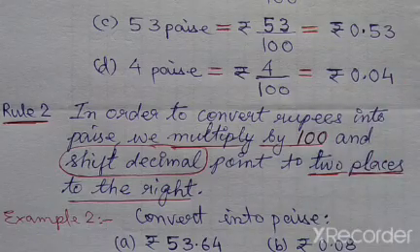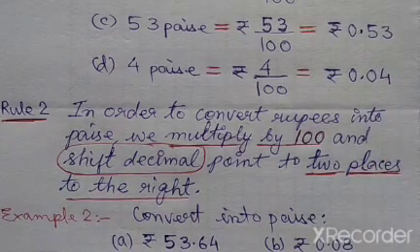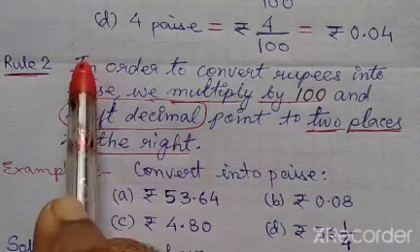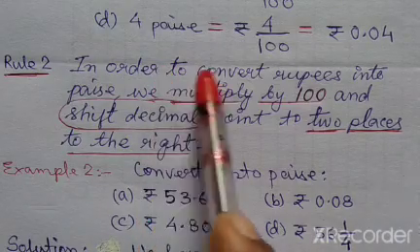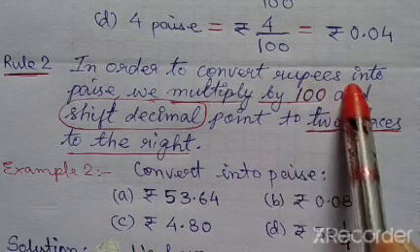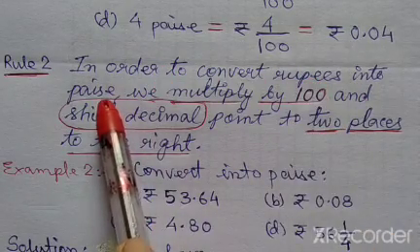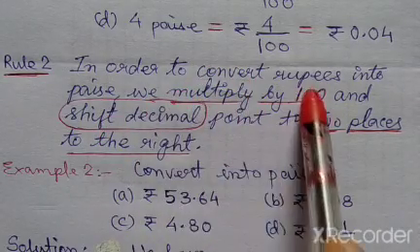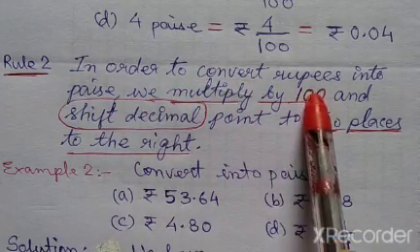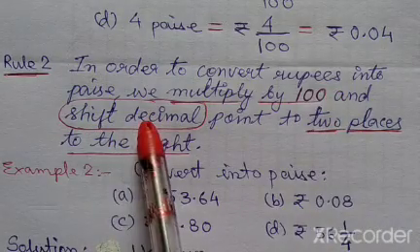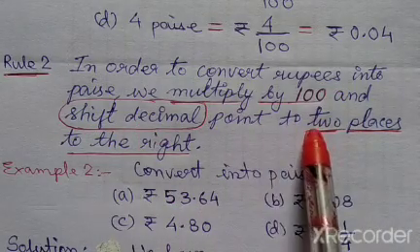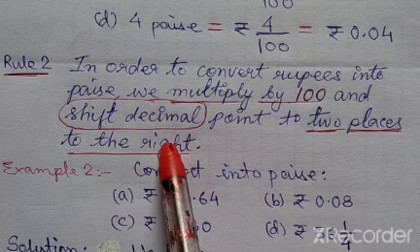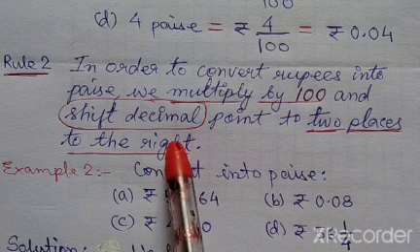Now rule 2 says, children, in order to convert rupees into paise, what we have to do? We multiply, see the word, we multiply by 100, just opposite, and shift the decimal point 2 places to the right hand side.